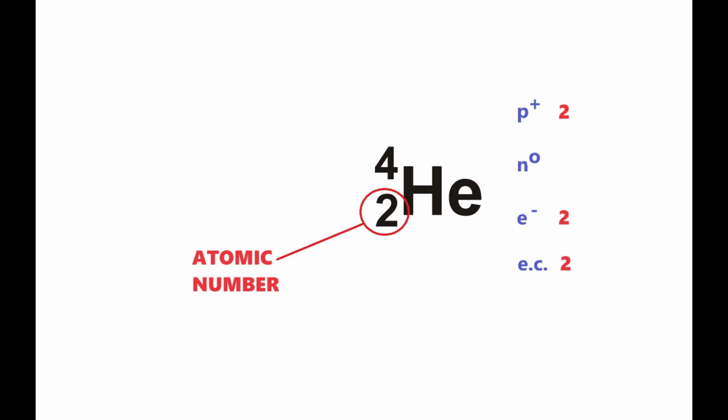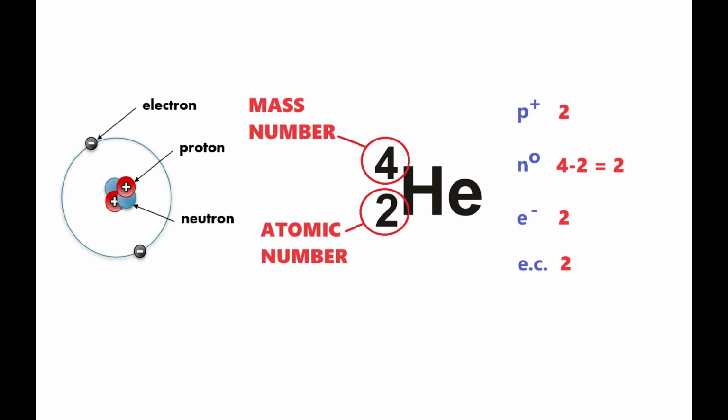The electron configuration is just 2. The very first shell fills up with the 2 electrons. The number of neutrons is 4 minus 2, which equals 2. And then in the diagram we can see, in the nucleus you've got 2 protons and 2 neutrons, and then you've got 2 electrons in the first electron shell around the outside.